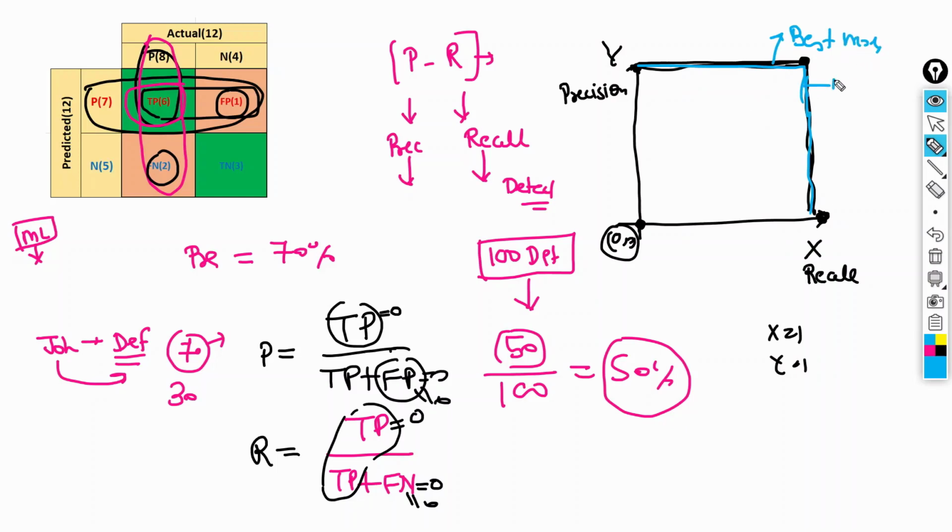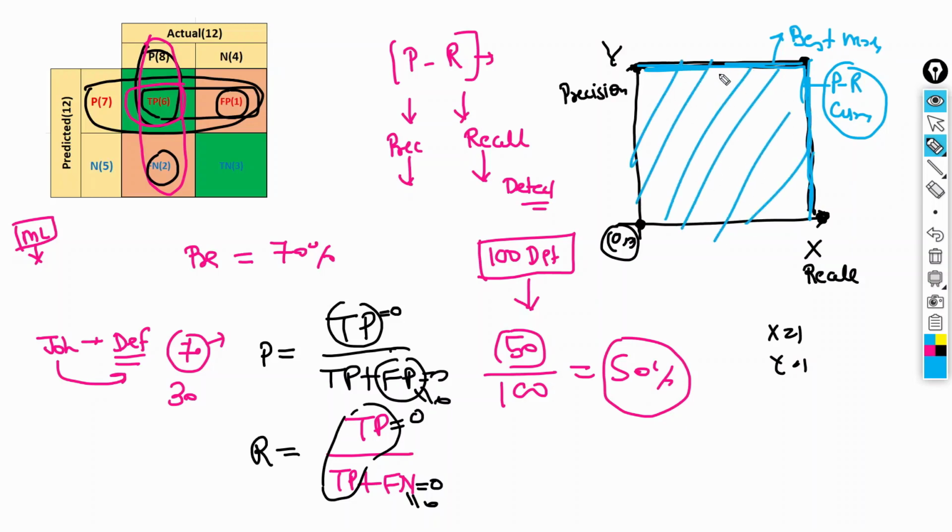We can say this is the precision recall curve in the best scenario, when our model has precision and recall equal to 1. This is the best model. The complete area under this curve is called the area under the curve for precision and recall. This should be as high as possible. So this is the precision and recall curve.